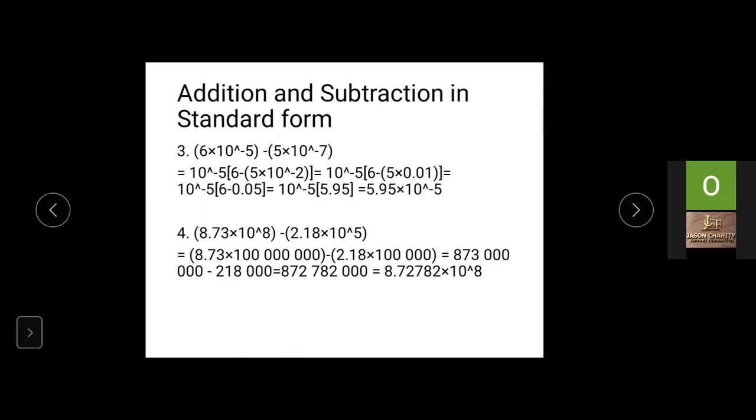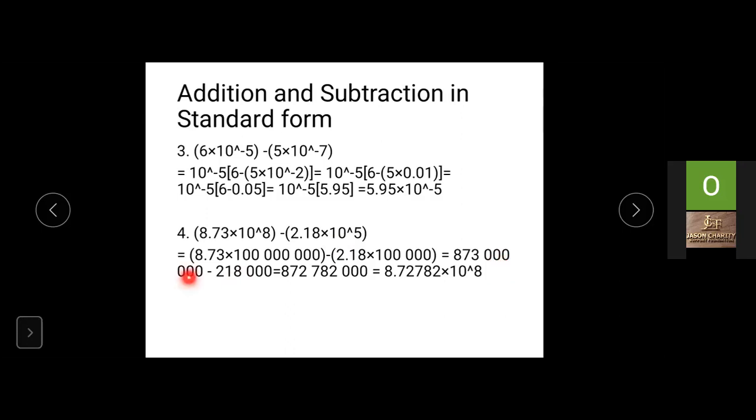So we have 2.18 times 100,000, which gives us 8.73 times 100 million minus 2.18 times 100,000. So this gives us 873 million minus 218,000.